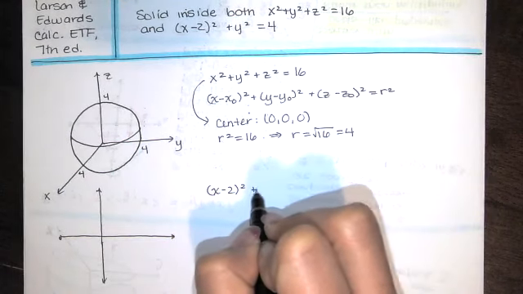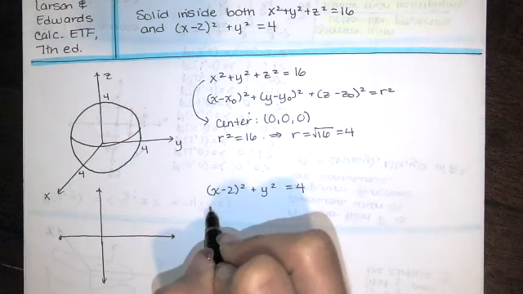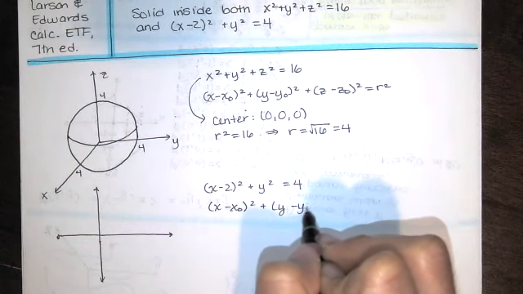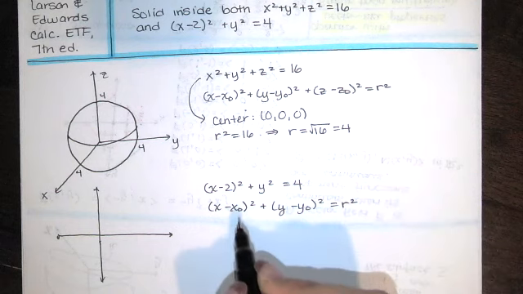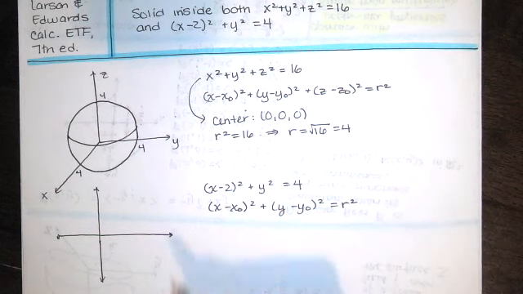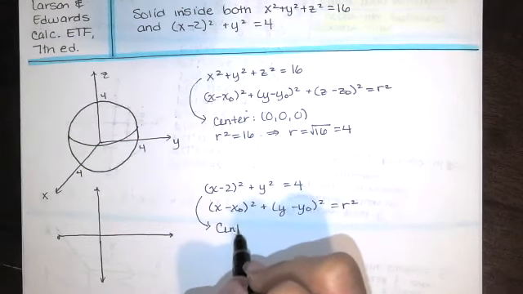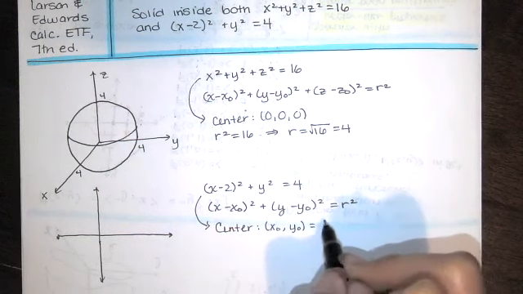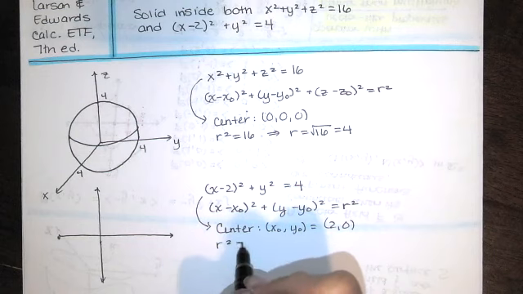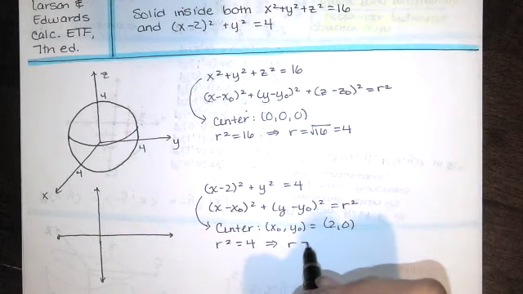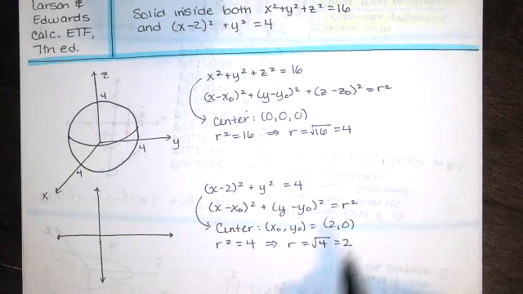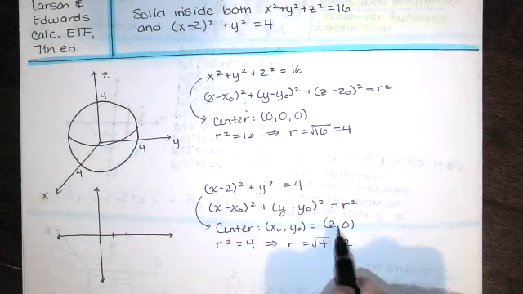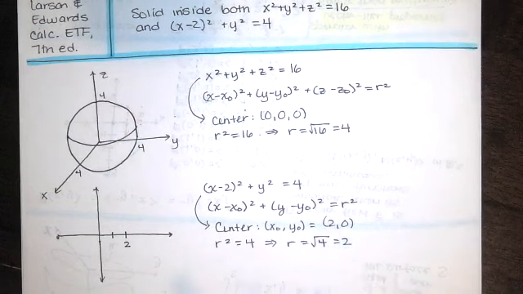So this is what we have. And similar to this, we're comparing this to the equation (x minus x naught) squared plus (y minus y naught) squared equals r squared. X naught and y naught are the numbers that we're subtracting from x and y here. So the center of this circle is 2, 0. The radius squared is 4, so r equals the square root of 4, or 2. So I've got a circle centered at x equals 2, y equals 0, and it has a radius of 2.